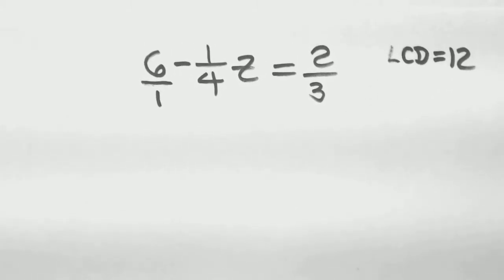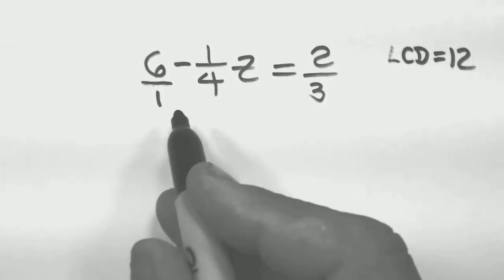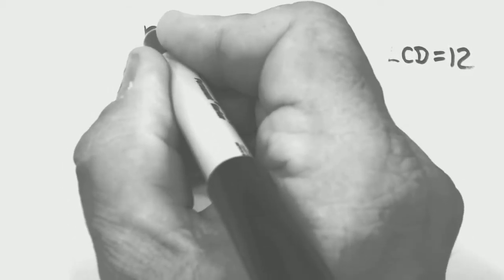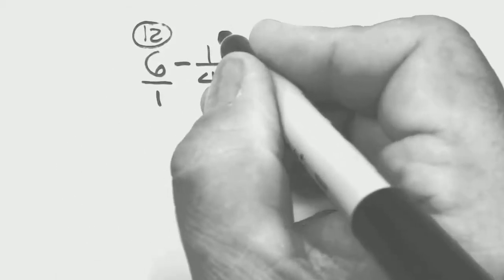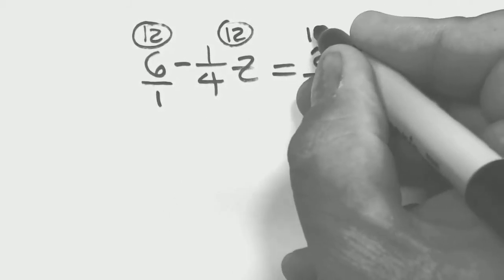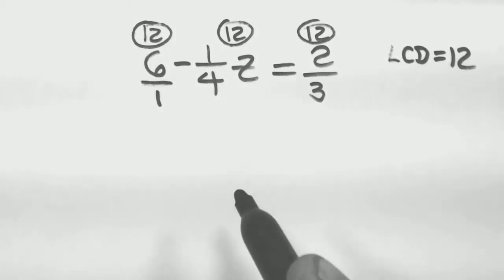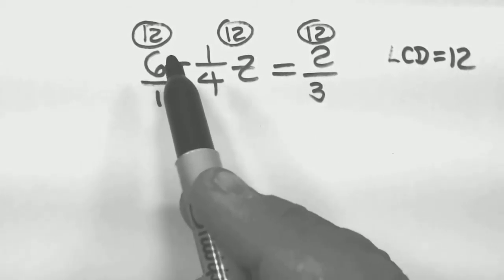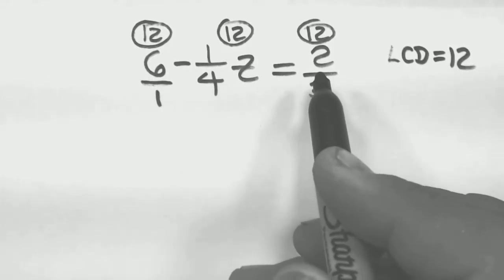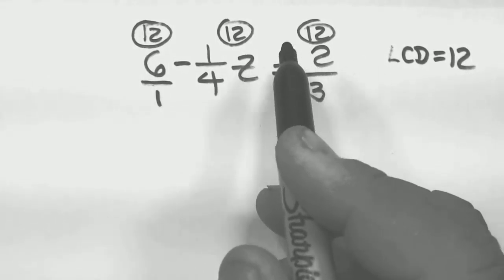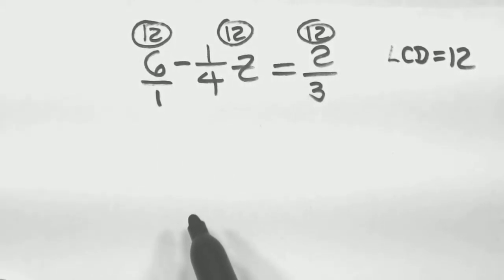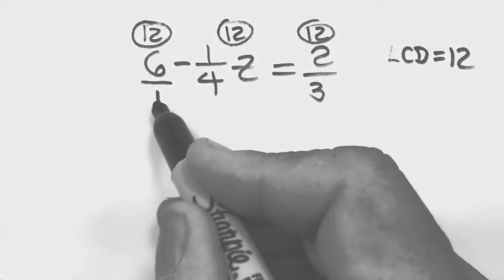Okay, well now what you simply do is multiply each and every term by that 12. I like to write it right up on top and circle it so that it's very blatant and you don't miss it. And what you got to do is make sure you hit each and every term once and only once. So there were 2 terms on the left, I hit both of them. There was only a single term on the right, so I hit it. Now what you simply do is reduce the denominators against that 12. Well, the first guy didn't have a denominator.